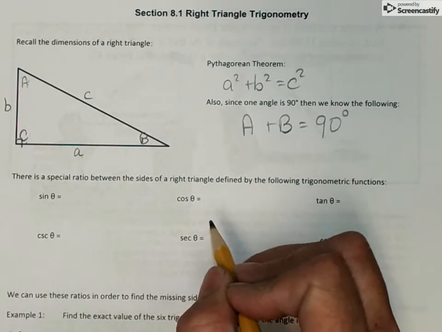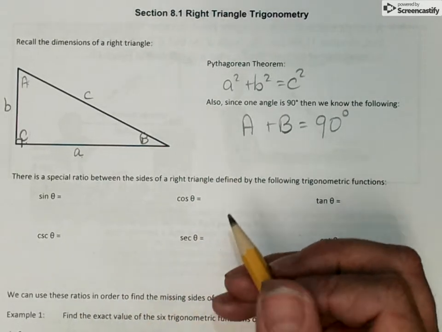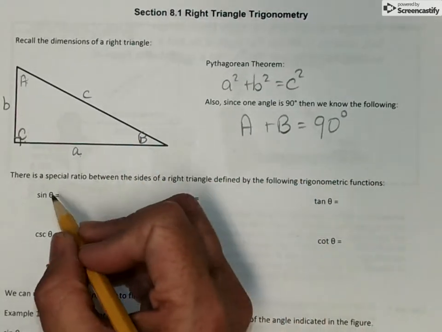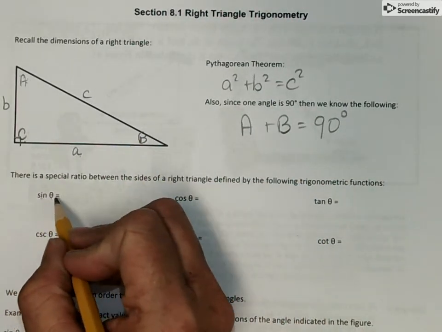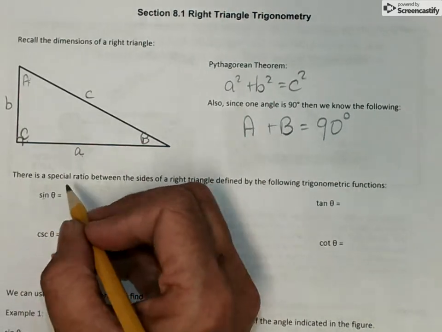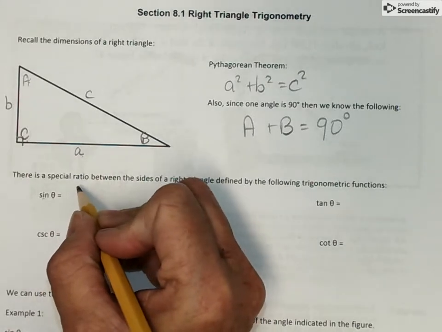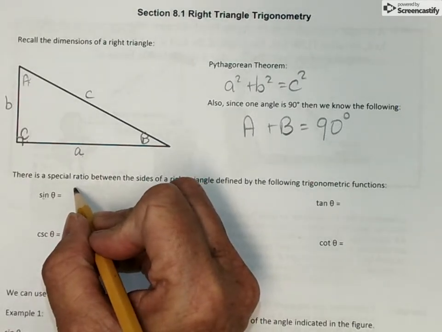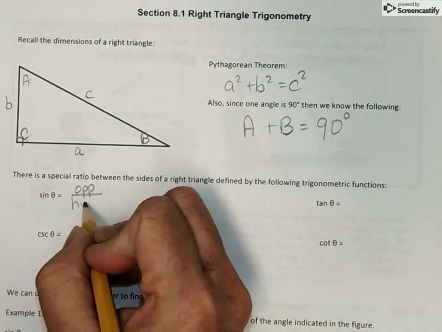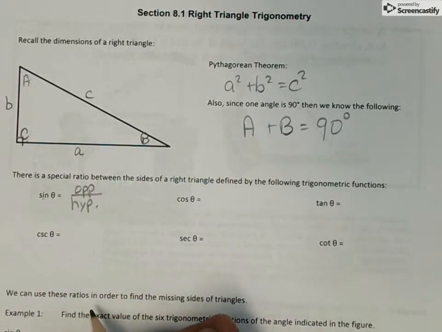Okay, and there were some special ratios that we have in a right triangle. And what this is saying is the sine of angle theta. And theta is just going to be generic for whatever angle we're talking about. So the sine of angle theta is equal to the opposite side divided by the hypotenuse.